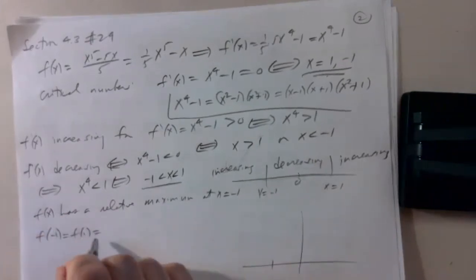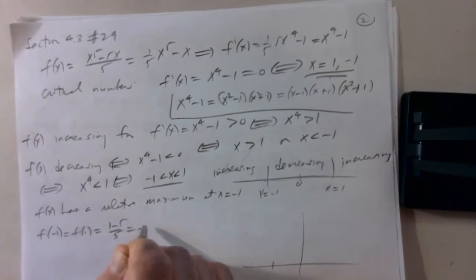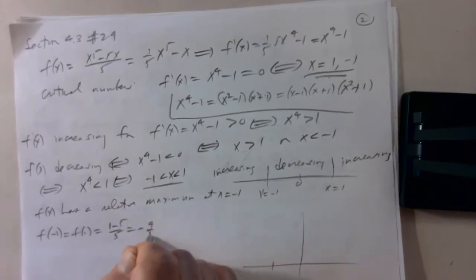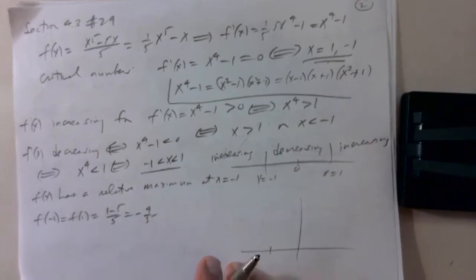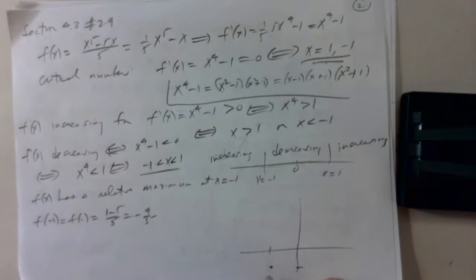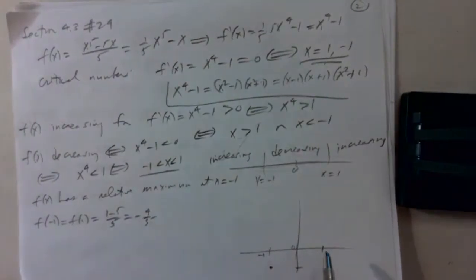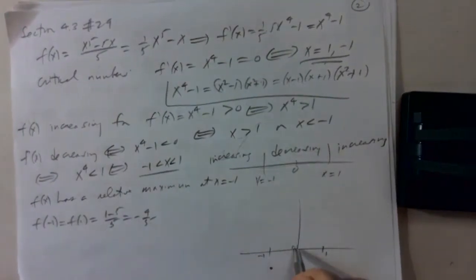If you plug in x equal 1, you get 1 minus 5 over 5. That's minus 4/5. So this is -1, 0, and 1. And when x is 0, this is 0.